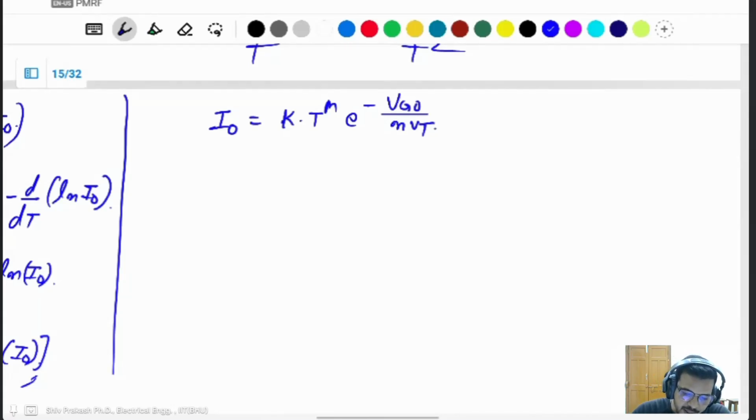And m is a material-dependent constant, like 1.5 for silicon.